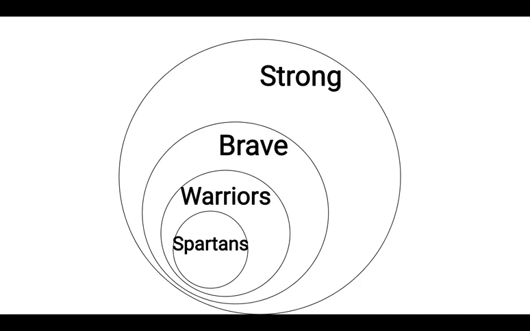It's just really from the outside working its way in. And as you can tell, the conclusion, all Spartans are strong. You can tell clearly the circle representing the Spartan category is within the circle representing the strong category. So that's how you can do an informal Venn diagram to check your work on Sorites.